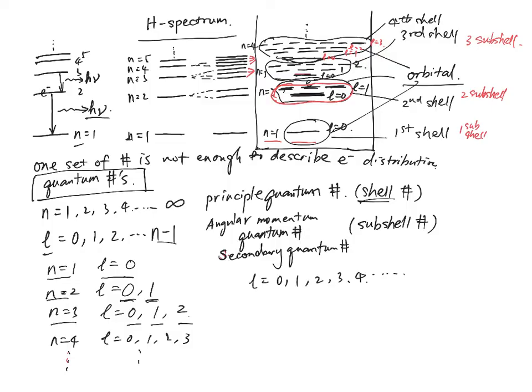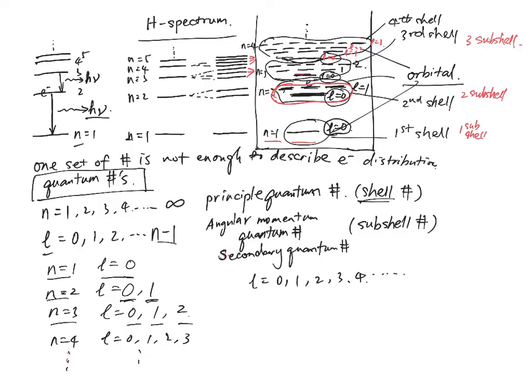Each subshell within the shell always starts from 0. And as you go up in the shells, the shell with the higher number will have more subshells. And this goes on and on. Each of the lowest subshells in a given shell has L equal to 0.